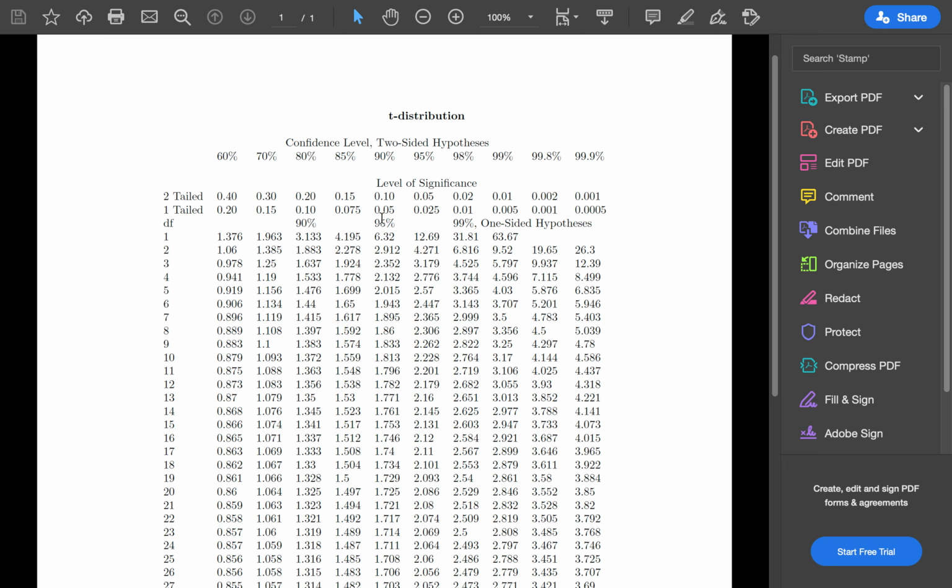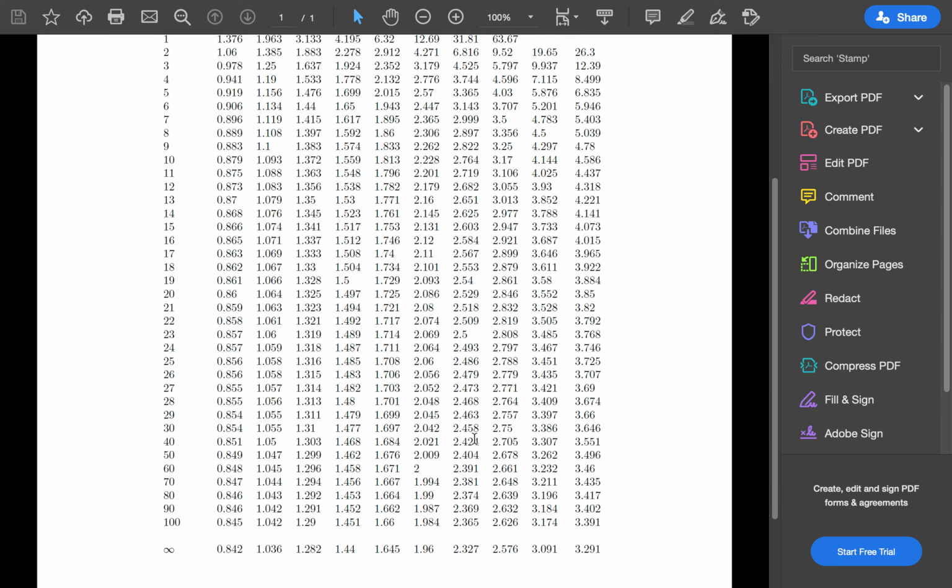So when we have a very, very small sample size, the numbers are bigger up here than they are down here.